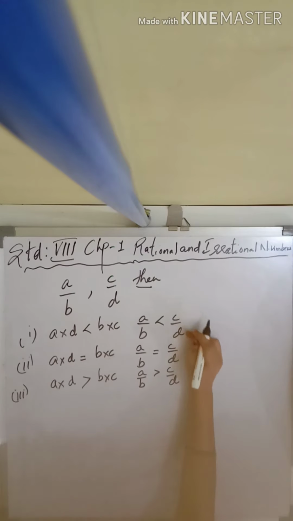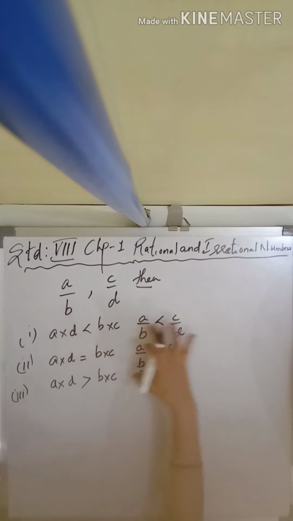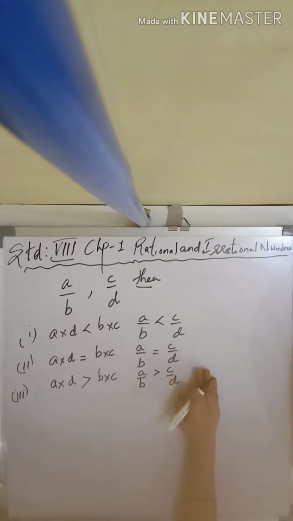Now, these three rules I had explained in the last video, but how to apply them? Today I'll show you how to apply these rules to determine which rational number is bigger and which is smaller. If in the exam the question says, by using the rules, compare the rational numbers, then you will apply the rule.